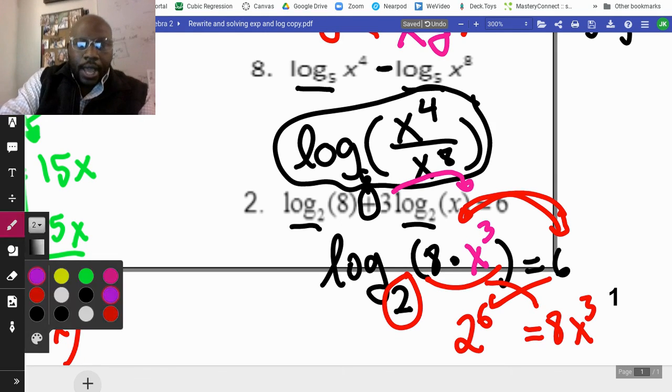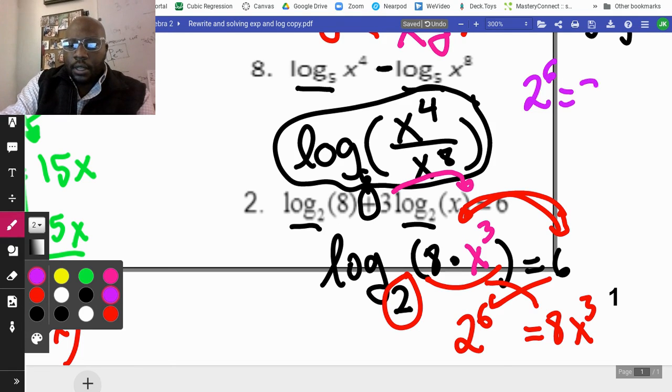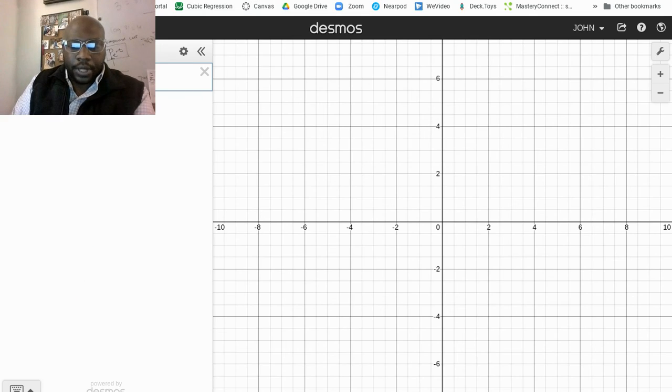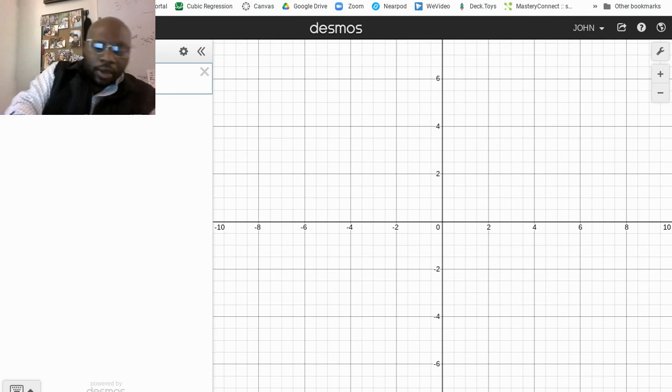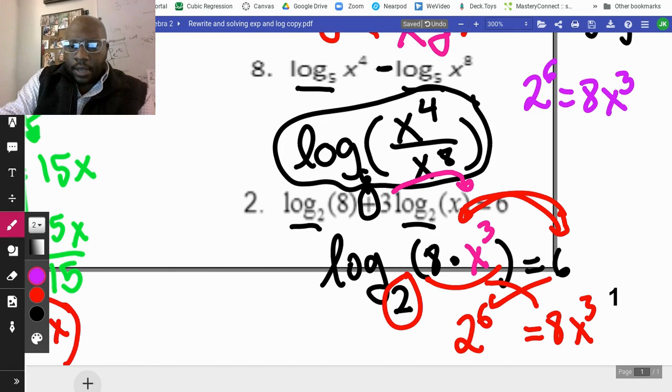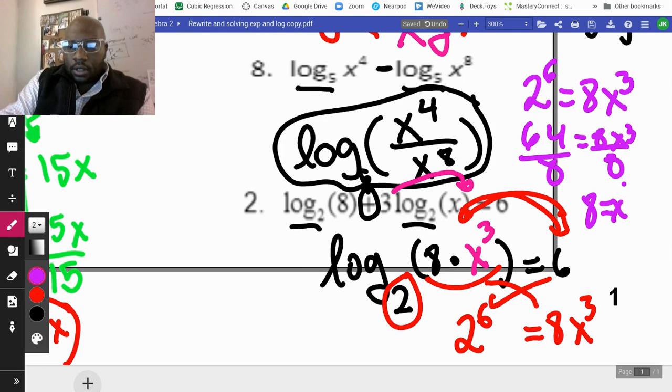So I have 2 to the 6th equals 8x cubed. Now, what's 2 raised to the 6th power? On decimals, 2 raised to the 6th power is 64. So we have 64 equals 8x cubed.